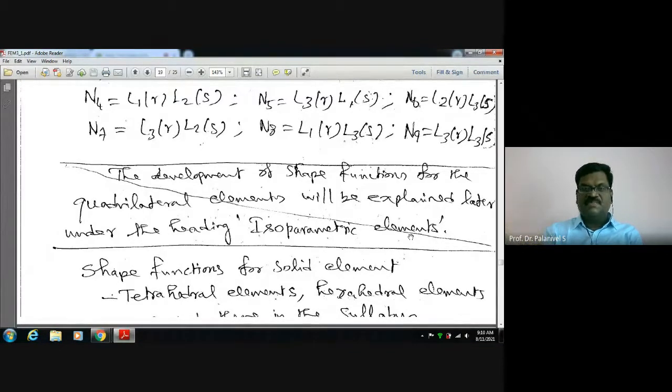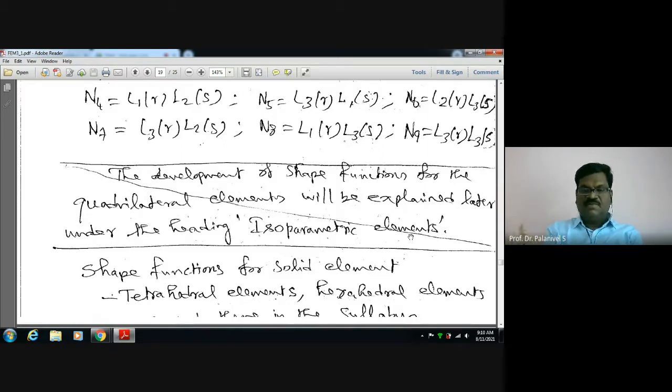This discussion is important. If any quadrilateral element is given, it is converted into a parent element. That will be the isoparametric element.